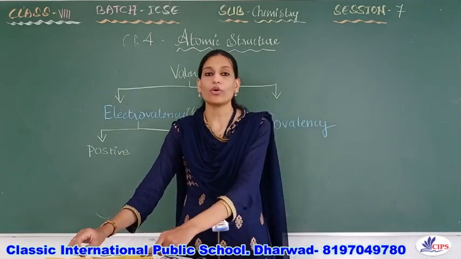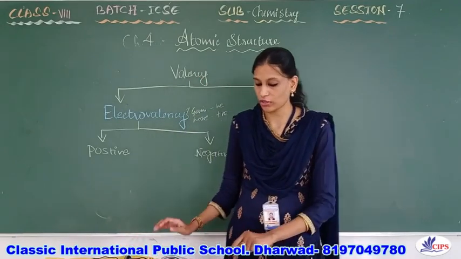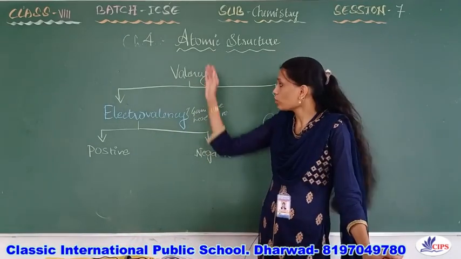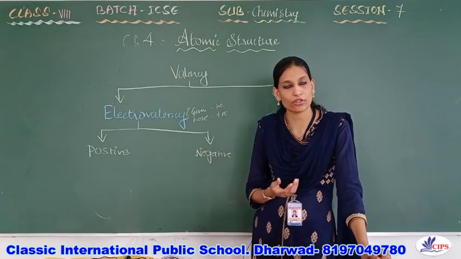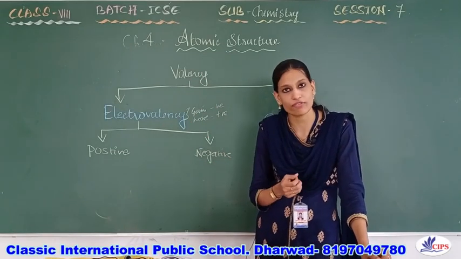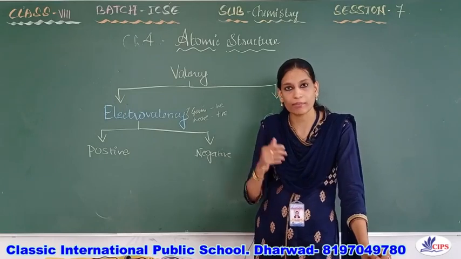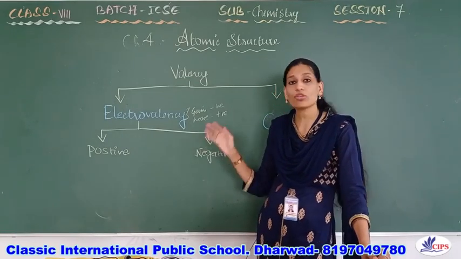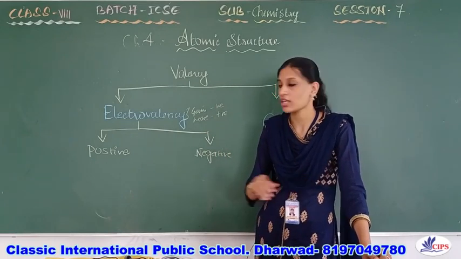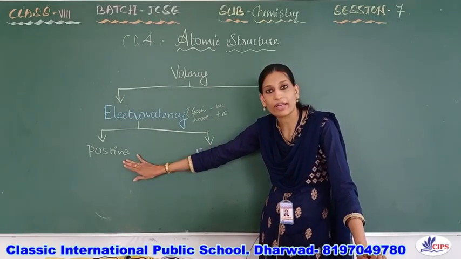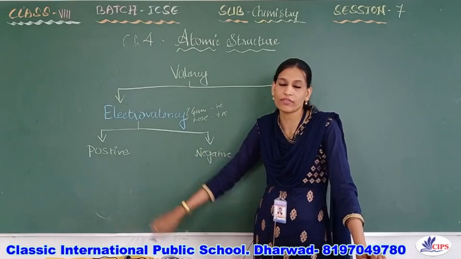So here, how do you define the positive electrovalency? All those metals, whenever they lost the electrons, they attained the positive charge on them, right? They became positive. So all those metals which have lost their electrons have a valency called electropositive valency.